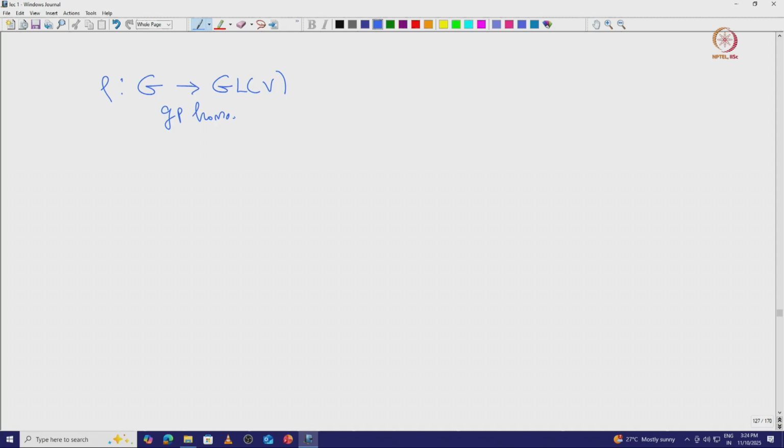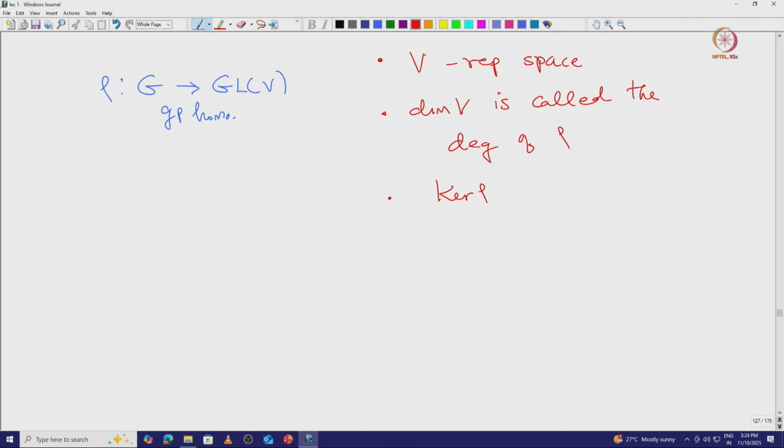V is called the representation space, the dimension of V is called the degree of rho, and the kernel of rho is called the kernel of the representation.